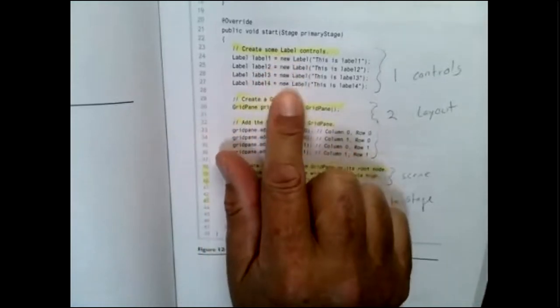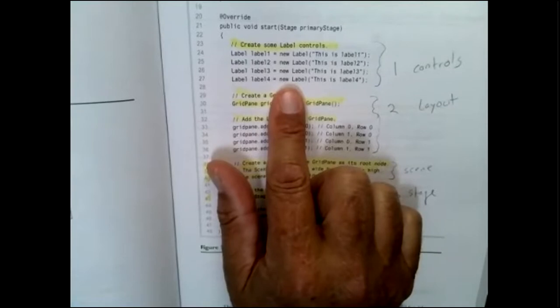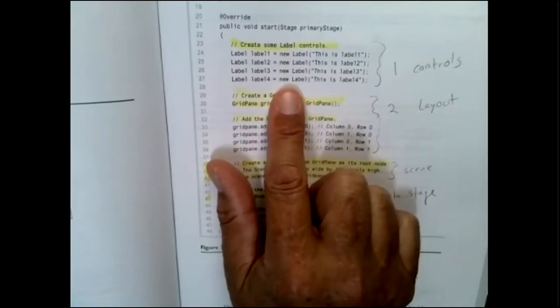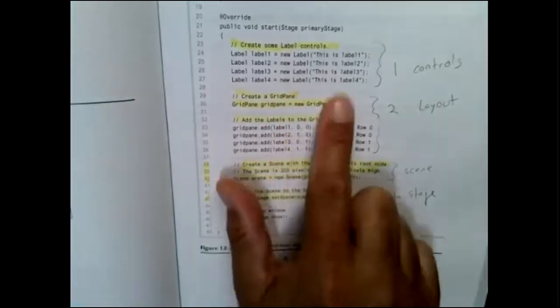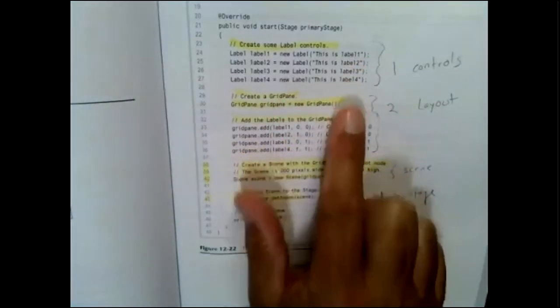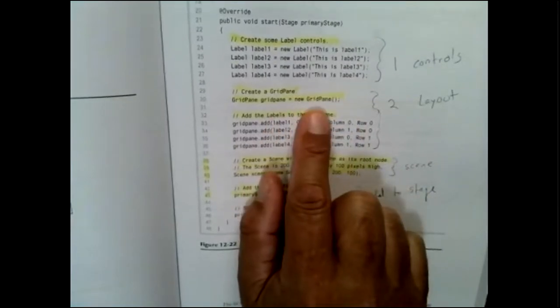So I come up with a bunch of controls, 1, 2, 3, 4, sort of like we've been doing. You know, we're just going to be taking lines out and adding lines a lot with what we're doing. Save as will become really popular. So I have a bunch of controls, label 1, 2, 3, and 4. I create this grid layout.